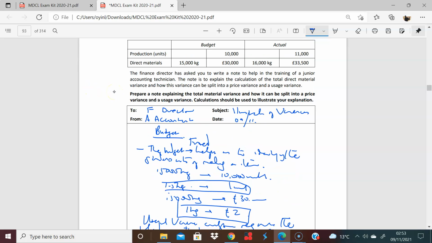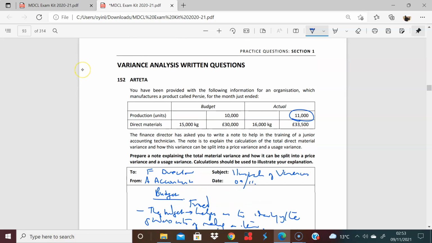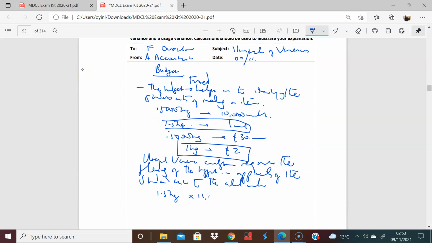When we talk about application to the actual units, we have 11,000 units. So we ask the question, if 1.5 kilograms are required to make 1 unit, how many kilograms should we be using for 11,000 units?